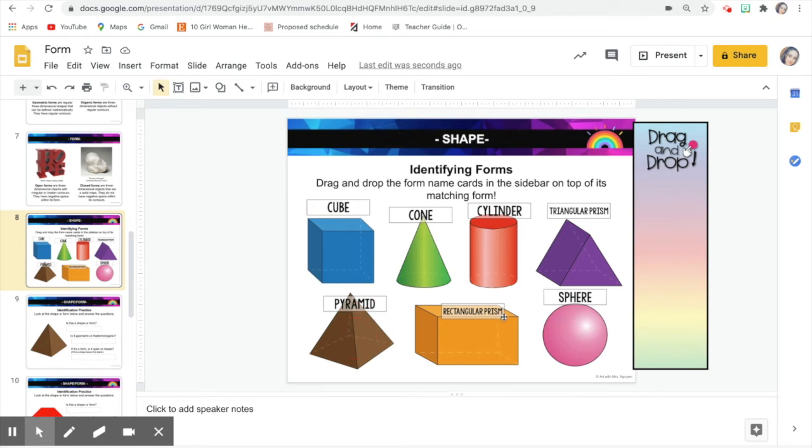And a rectangular prism has rectangular sides. Okay, so that means it has 1, 2, 3, and 4. The other two sides are squares. And we have our sphere. So a sphere like a ball.